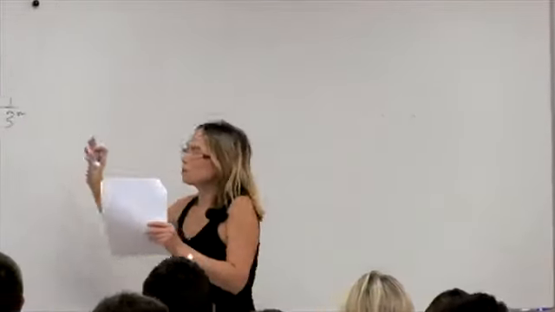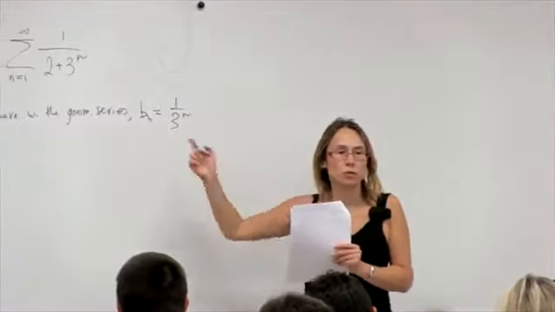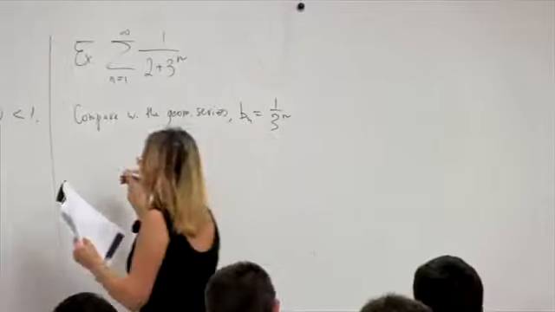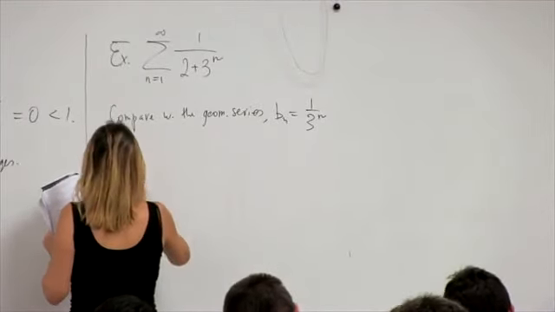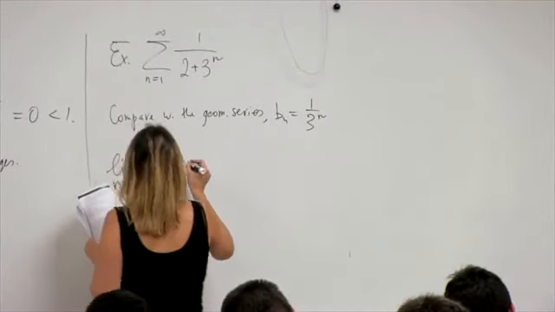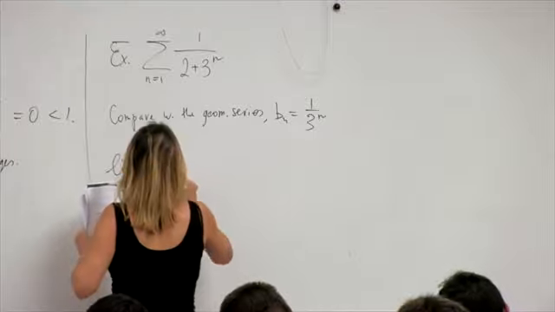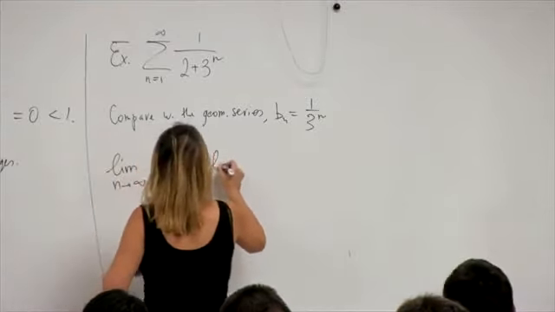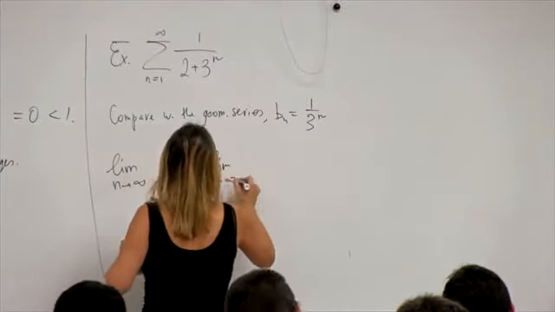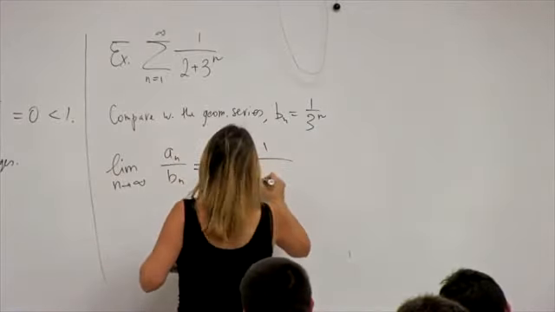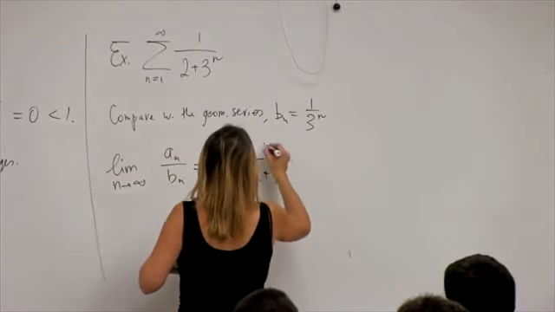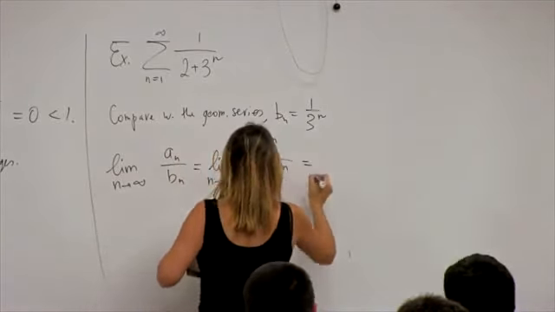So I don't want to worry about a term-by-term comparison, even though I could do it here. I always prefer taking the limit. So I have an over bn. So I have 2 plus 3 to the n, and I have 3 to the n.